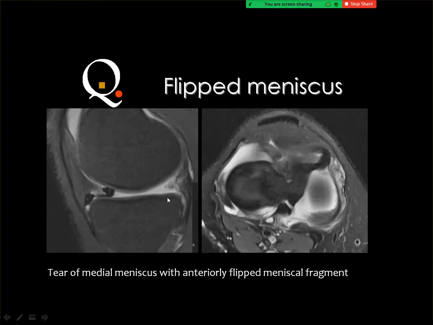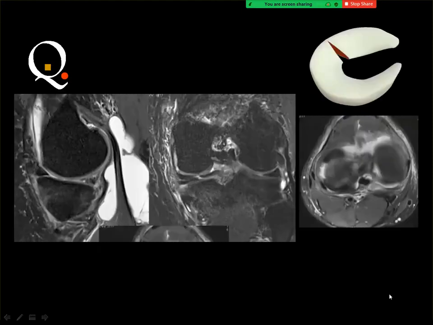You do not see the posterior horn of the lateral meniscus. Both horns are located anteriorly, and if you look carefully at the axial image, you can see that the posterior horn, which should be located here, has been displaced anteriorly, as you can see.